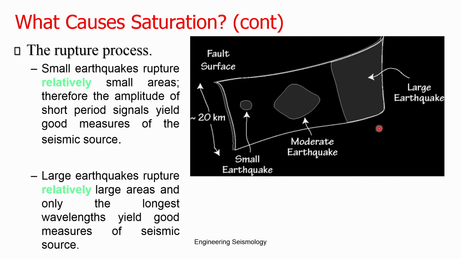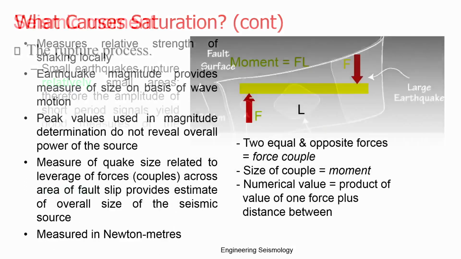These two are considered, and they decide whether magnitude saturation occurs. Magnitude saturation is a very important aspect. One has to know up to what maximum magnitude a particular magnitude scale is applicable. You cannot use every scale in every place.